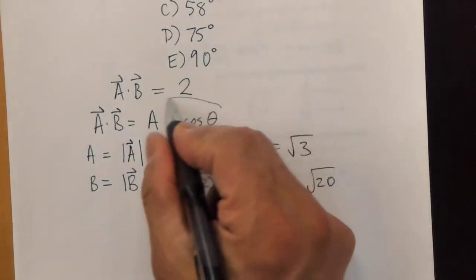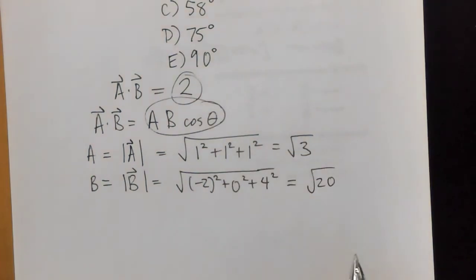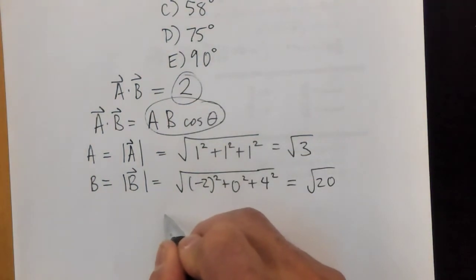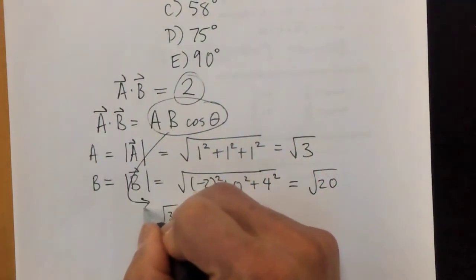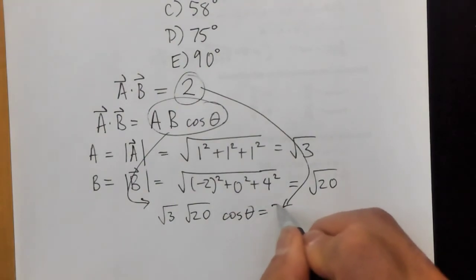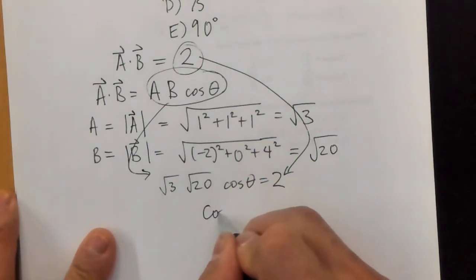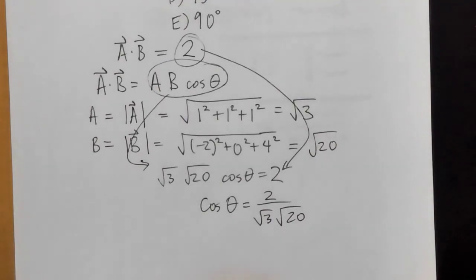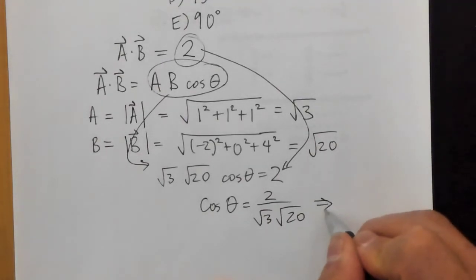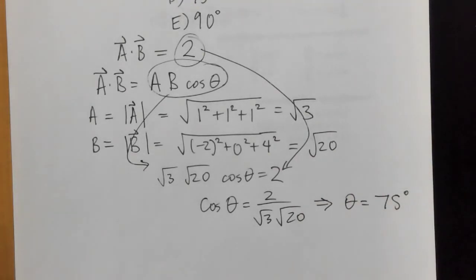So we have square root of 3 times square root of 20 cosine theta, and that must be equal to 2, because those are both the dot product. So now we have cosine of theta is equal to 2 over the square root of 3 and the square root of 20 multiplied together. And we can solve using the inverse cosine, and that comes out to 75 degrees. Okay. Any questions about that?